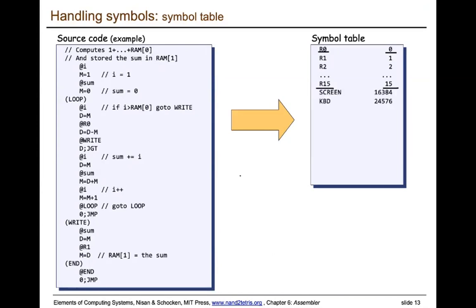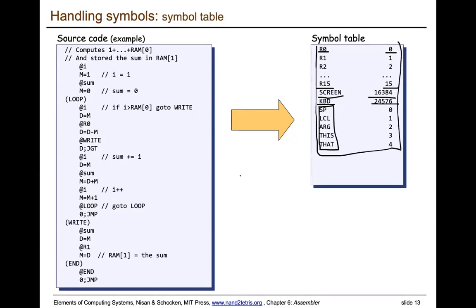Then SCREEN and KBD are already written into the system, so no matter whether you use them or not, your symbol table will include them. SCREEN starts here and KBD starts here. And these are also the five predefined numbers used for the virtual machine, which we will discuss later. All of these from the beginning, 0, to here are the predefined symbols.